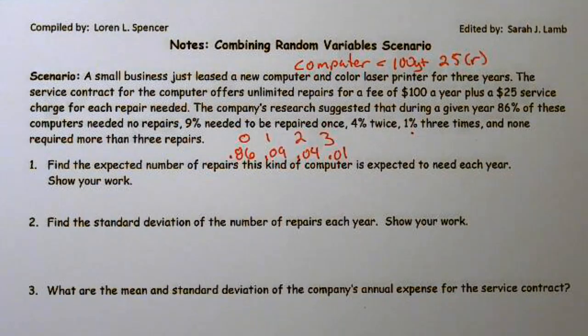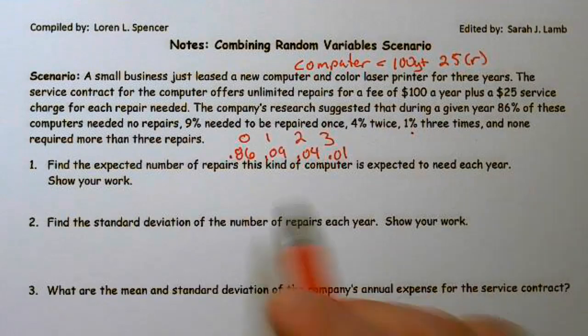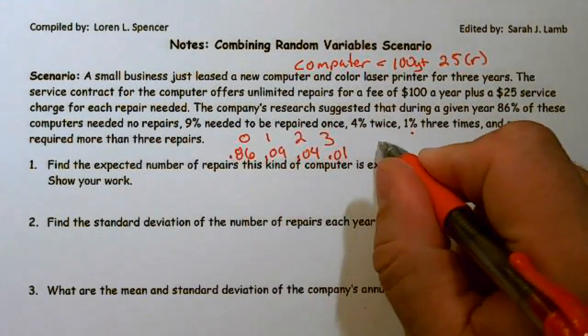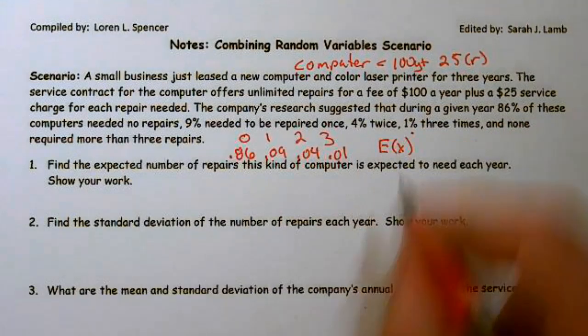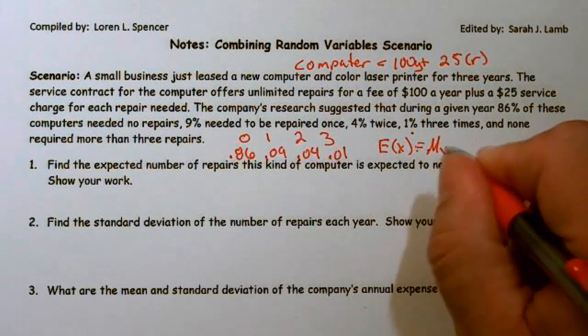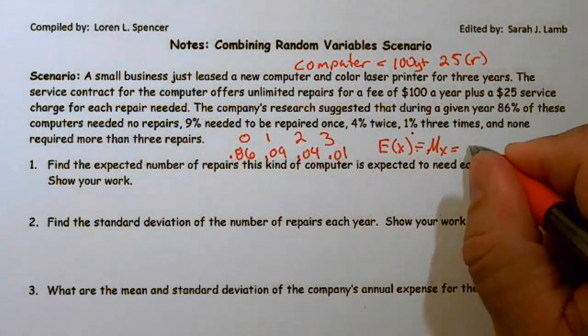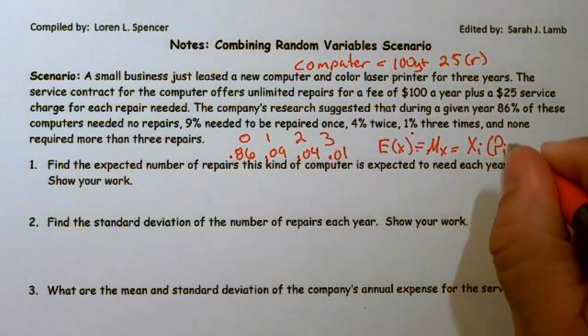So it says find the expected number of repairs for this kind of computer needed in an expected year. Well, remember our expected value formula, and we need to be writing that down, and that can be either expected value or the mu sub x equals the x sub i's times the p sub i's.